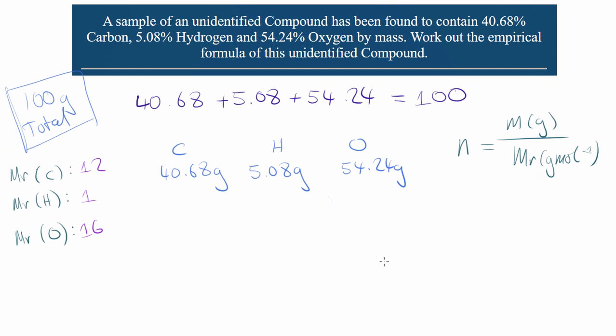Now that we've got the molar masses of each of these, using this equation we're going to convert what we've got into molar amounts. So 40.68 divided by 12, 5.08 divided by 1, and then 54.24 divided by 16.